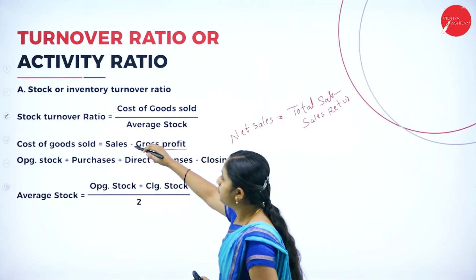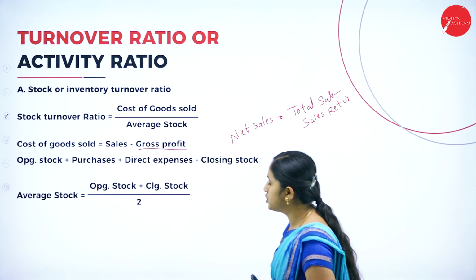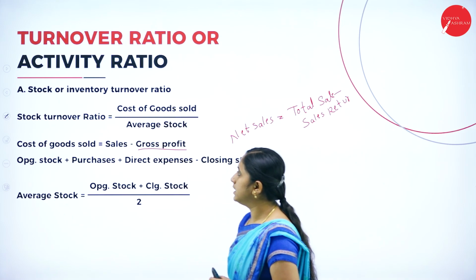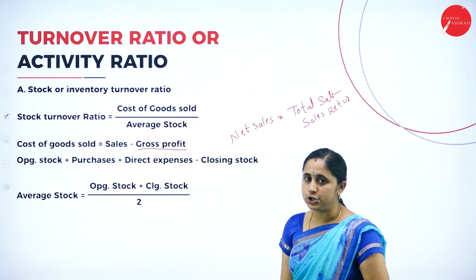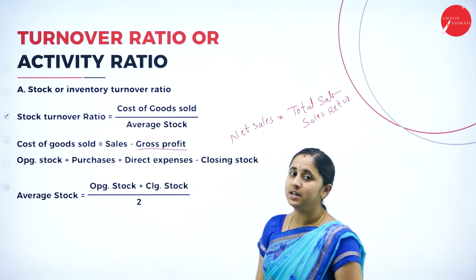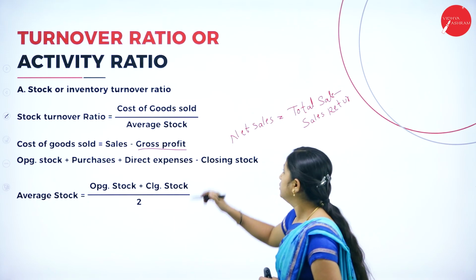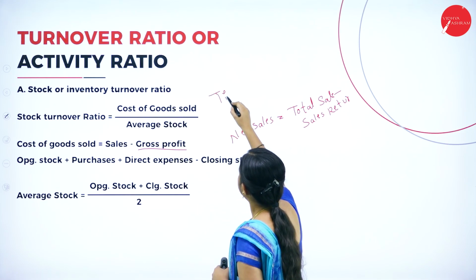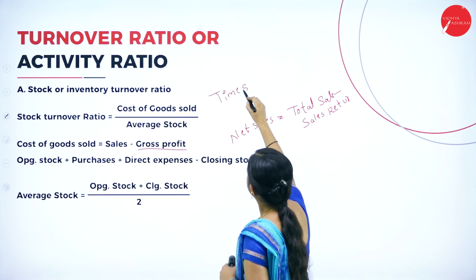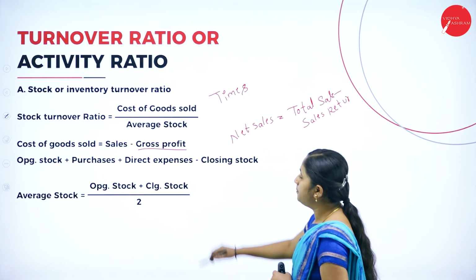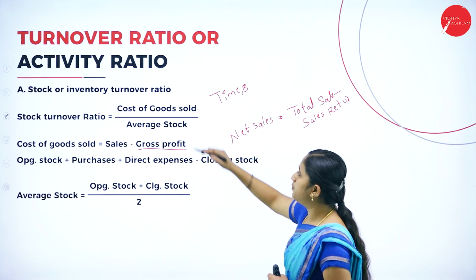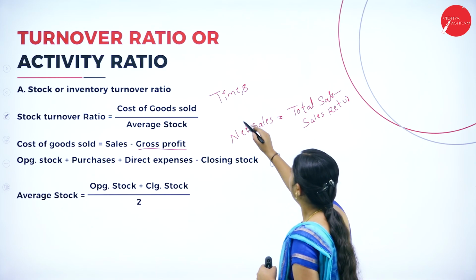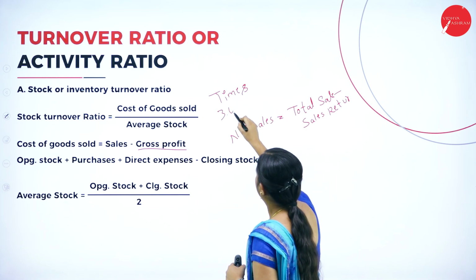The result of cost of goods sold divided by average stock we are going to consider to calculate stock turnover ratio. Stock turnover ratio is expressed in times. For example, from the calculation of cost of goods sold divided by average stock, we get 3.41.